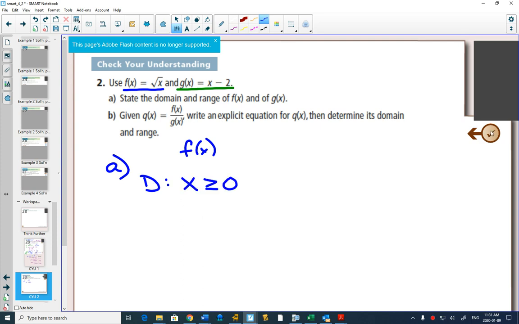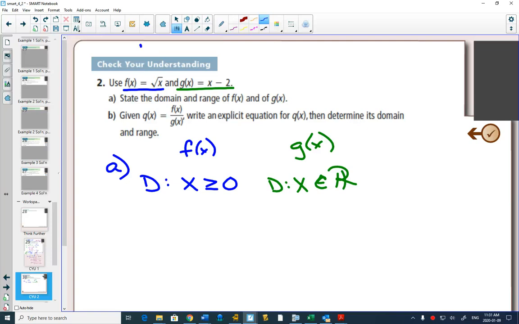You can't take the square root of a negative, so x is bigger than or equal to 0. For g of x, what's our domain? It's a straight line. Again, you might want to draw pictures of both of these above here.